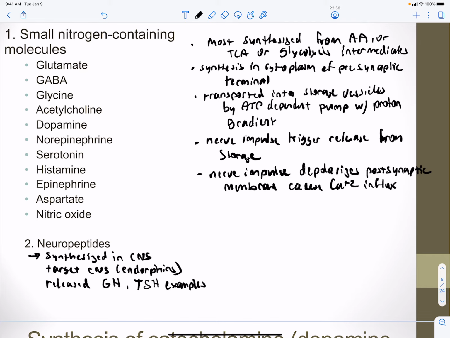Now, the calcium influx is going to, similar to what happened in other cases, cause a fusion of vesicles with the synaptic membrane, and then you get release of the neurotransmitter into the synaptic cleft.